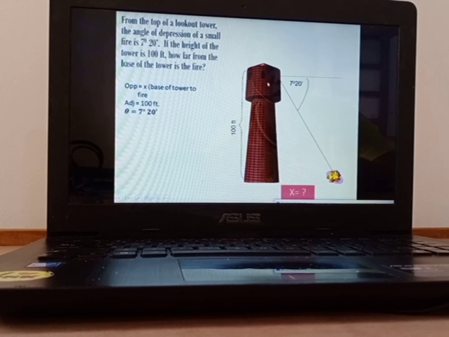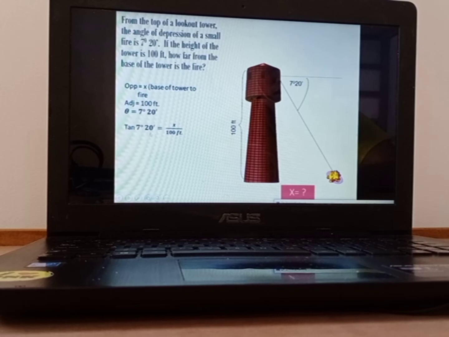This is our adjacent side. Opposite and adjacent, therefore SOHCAHTOA, so we will apply the tangent function. Opposite is the distance from the base of the tower to the fire, adjacent is 100 feet, and our angle is 7 degrees and 20 minutes.